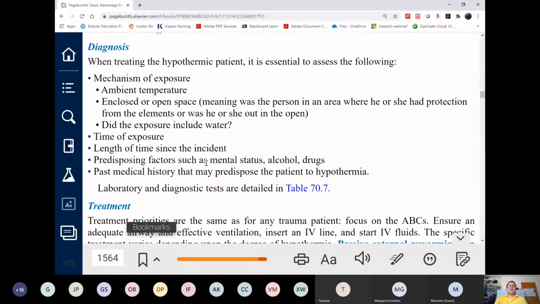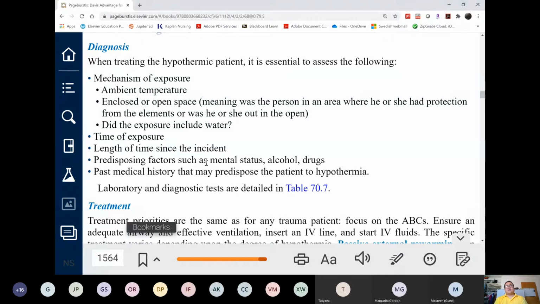But most hypothermic episodes happen outside, unless, of course, we're dealing with a patient who, let's say during winter, they didn't have adequate heating. Either they couldn't afford the heating bills, or maybe their heating in the house broke down, right?